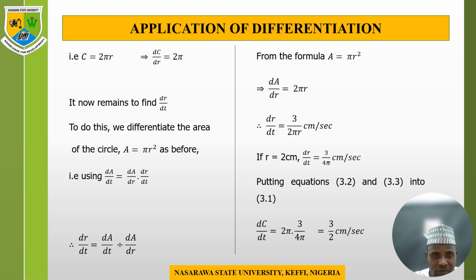Already we have the value of dA/dt, and also we have gotten dA/dr. Our dA/dt is given to be 3 centimeter square per second. Now we have gotten dA/dr from the area of the circle. So what is left for us now is dr/dt.